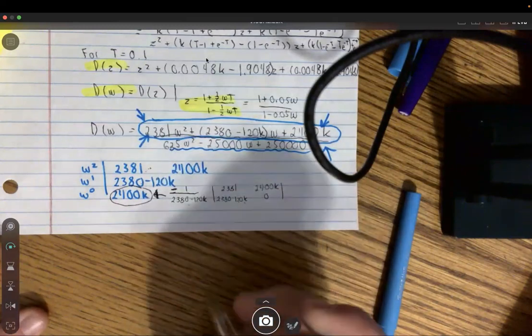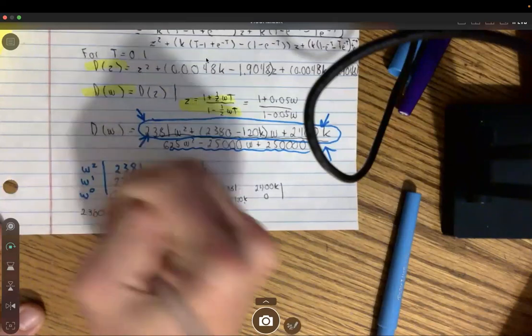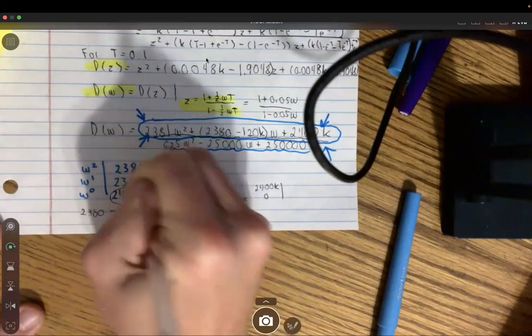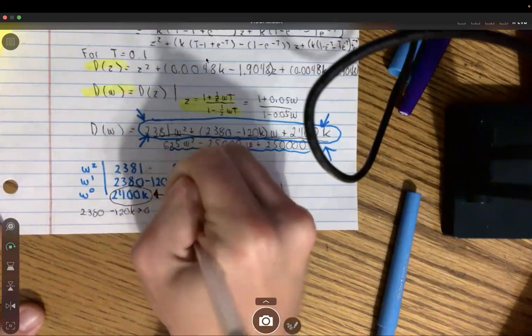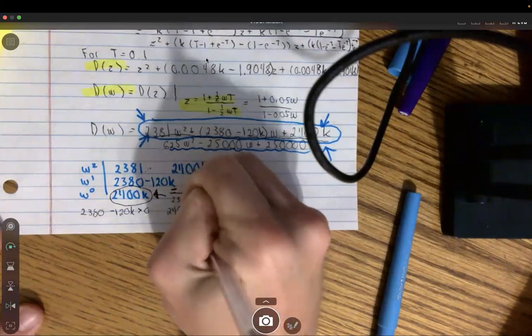And so what we're going to notice for a range of K now is you got to get 2380 minus 120K greater than 0, and 2400K greater than 0. So K must be greater than 0.